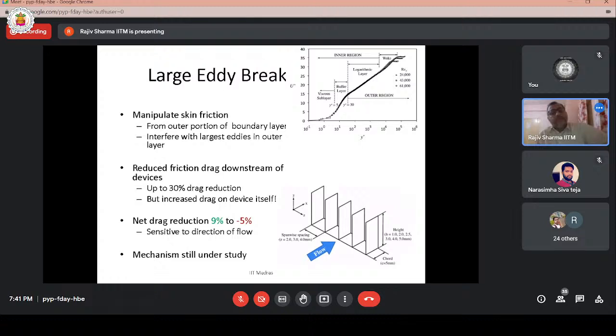So from the outer portion of the boundary layer, investigate and explore ideas by which you can interfere with the largest eddies. When you are able to develop a technique implementing the break-up of large eddies in the outer layer, you will be able to achieve a reduction in the friction, a reduction in the drag.